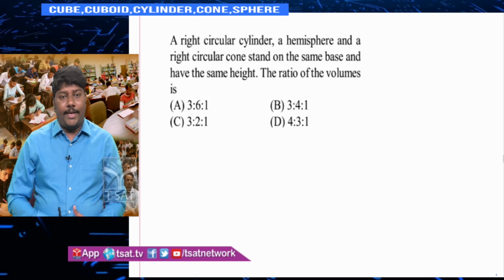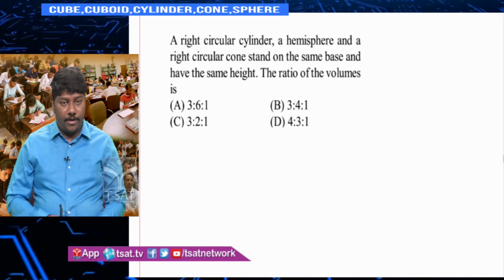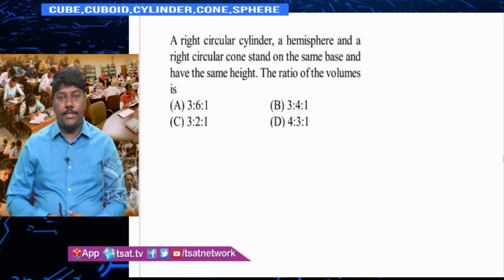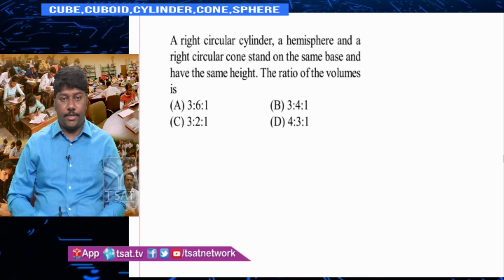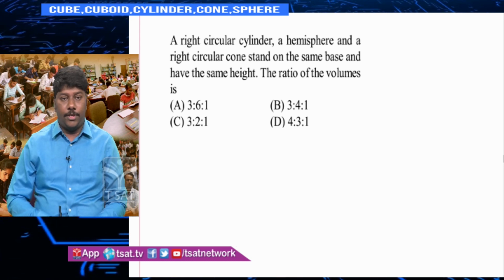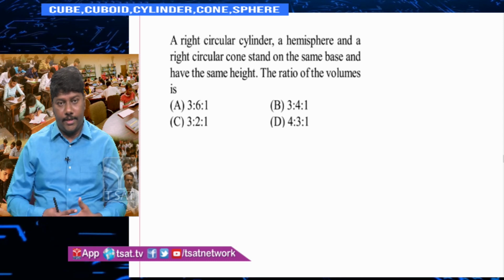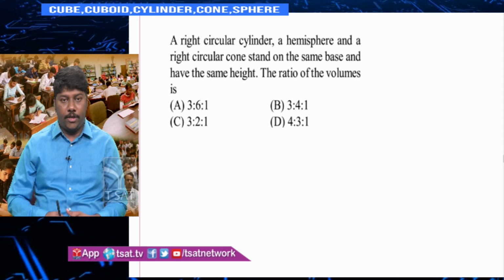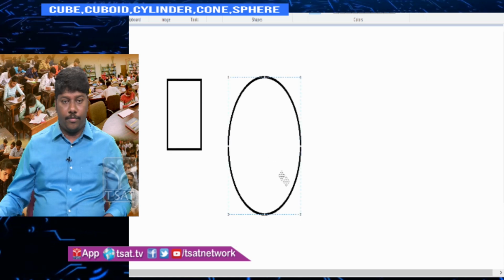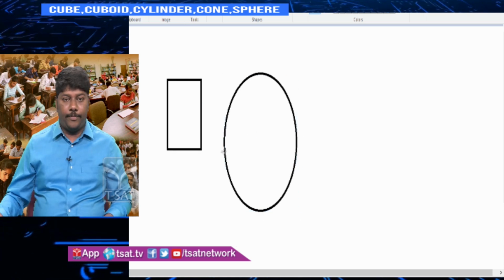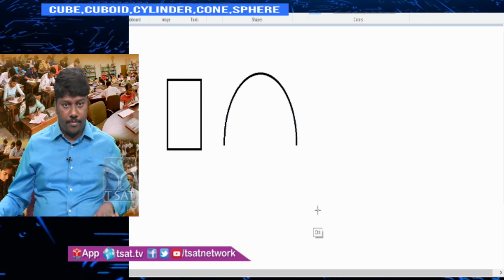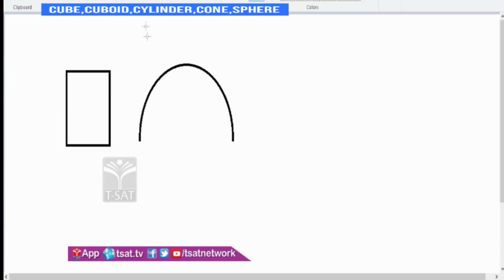Look at the next one. A right circular cylinder, a hemisphere and a right circular cone stand on the same base and have the same height. The ratio of volumes is, first of all, the right circular cylinder, the hemisphere and the right circular cone. For the hemisphere, we only take half of the sphere. Then you take a cone. The front view of the cone looks like a triangle.